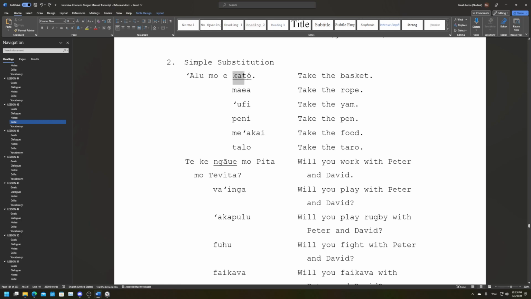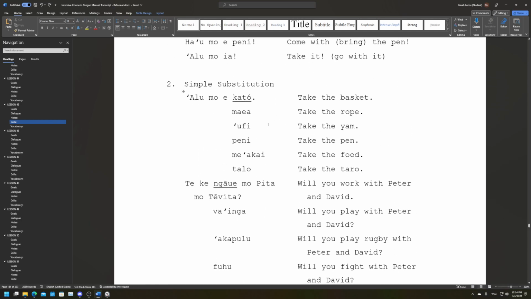He puts the definitive accent in the sentence right here, but he won't mark the definitive accent on the words. So it's kind of up to you to remember that there should be a definitive accent. Yeah, so he's consistent with that in all of the substitution.